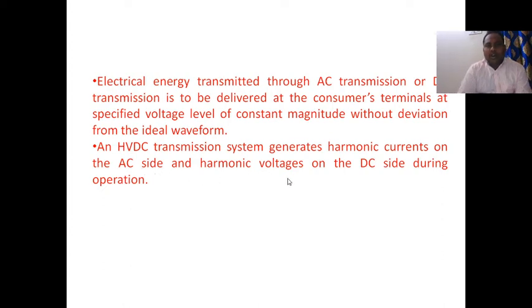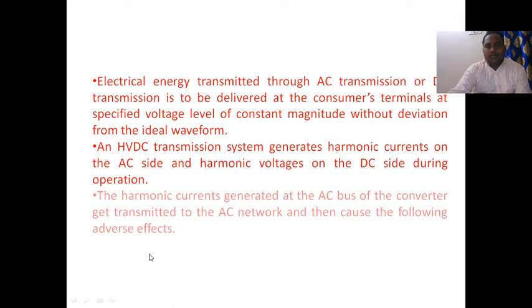Both harmonics are present in an HVDC system because HVDC consists of both AC as well as DC systems. The harmonic currents generated at the AC bus of the converter get transmitted to the AC network and then cause the following adverse effects. There are a number of effects because of the harmonics.